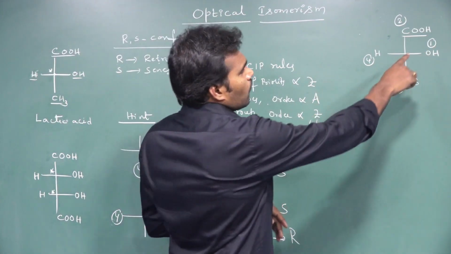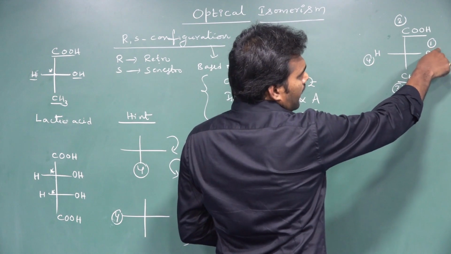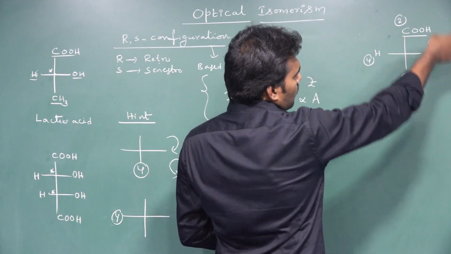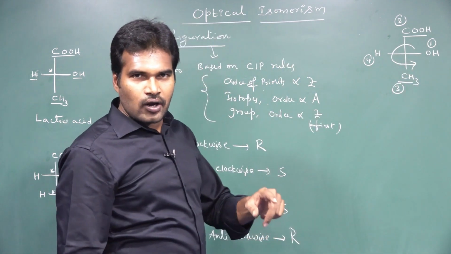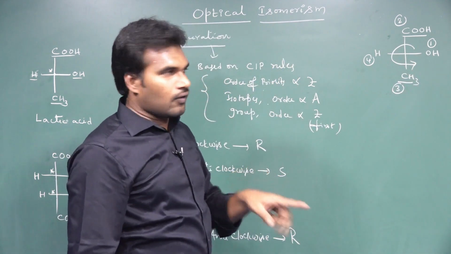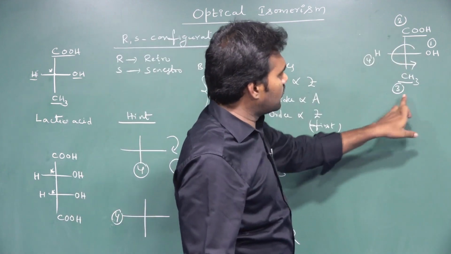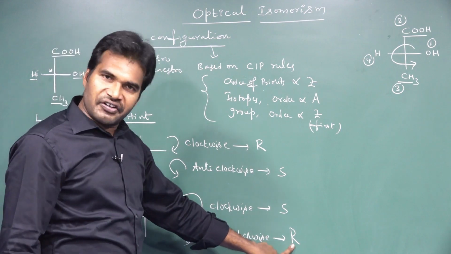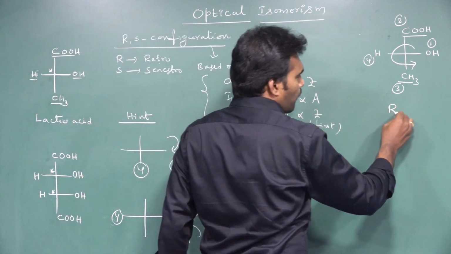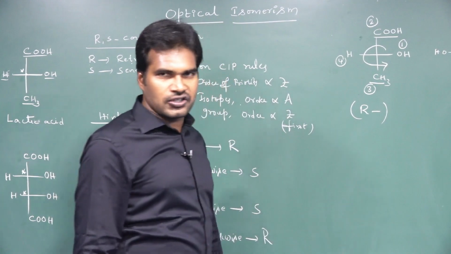Now, come from first priority, 1, next 2, next 3. That means it is going anti-clockwise. The order of priority is going anti-clockwise, 1, 2, 3. If it is anti-clockwise, what is that? R. So the first compound is R configuration.